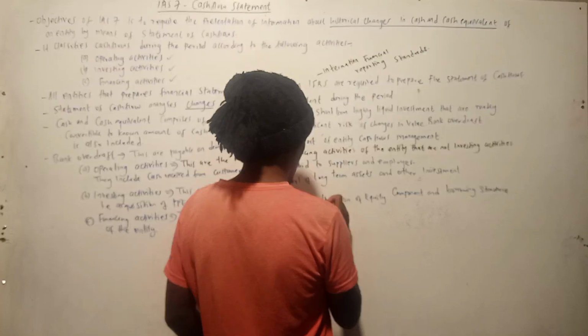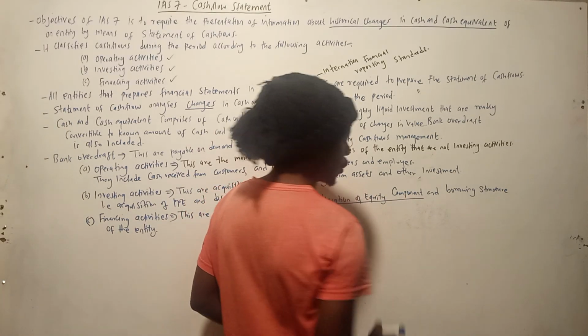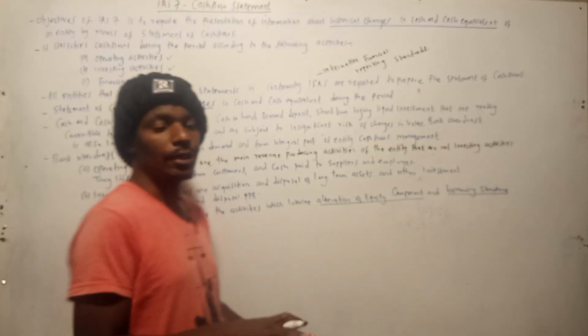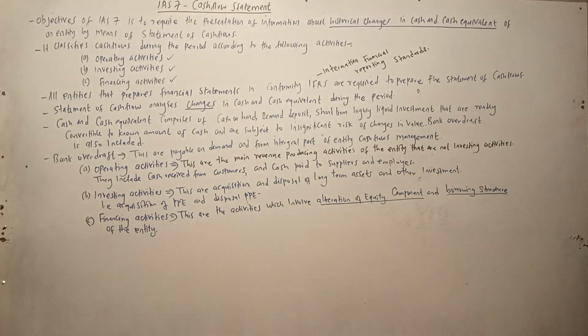So in most cases, it involves the alteration of the equity component and the borrowing structure of the entity. It involves those two items actually, not three items.